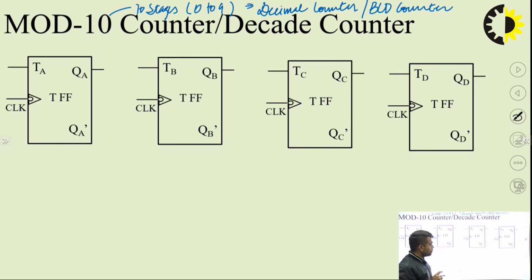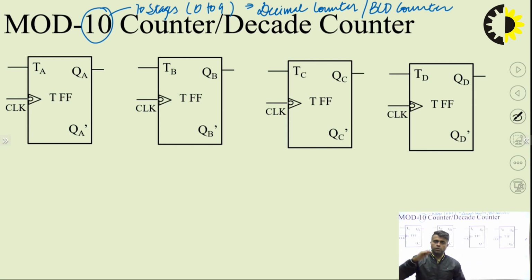Okay. But the thing to be noticed here is that this mode is not equal to 2 raised to power n. If the mode is equal to 2 raised to power n, we have seen that if 3 flip-flops are arranged in the same fashion, then the counting starts from 000 and it goes to 111.